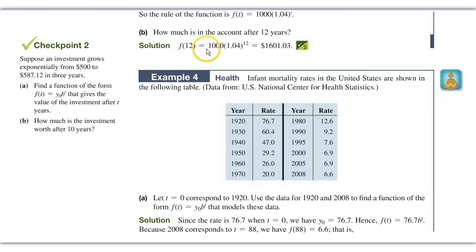Now, once you have your basic formula, they are asking for part B, how much is in the account after 12 years? Well, you would put t as 12, and this one is pretty straightforward, and you get this. Again, you should be trying these on your calculator. That will help to give you the basis of doing this for your study plan.